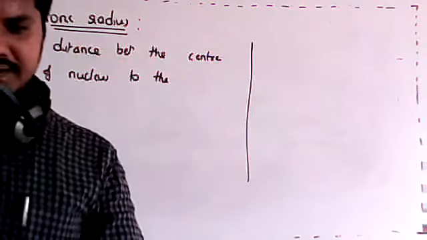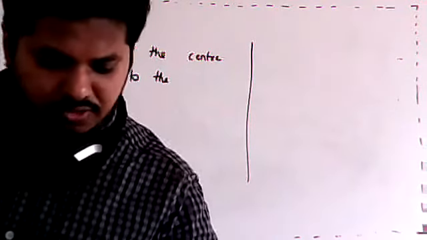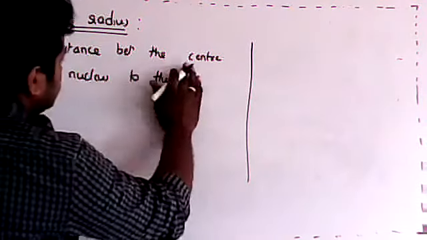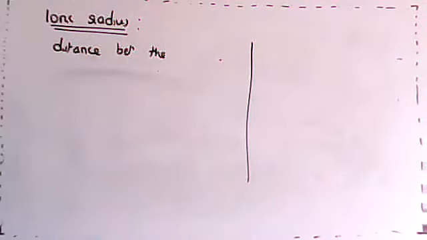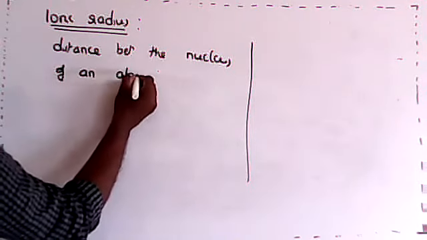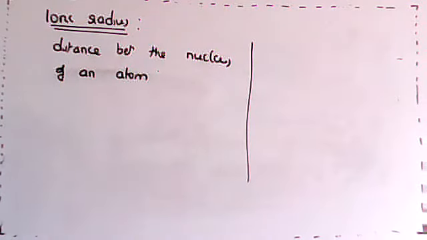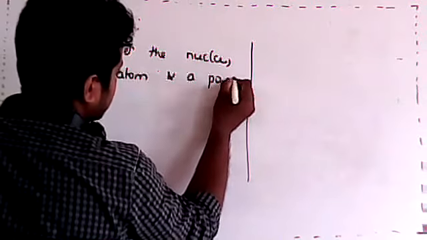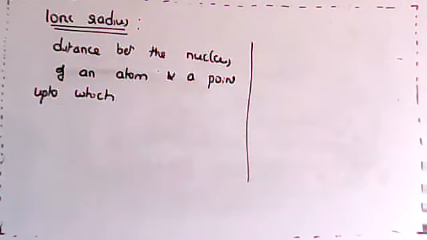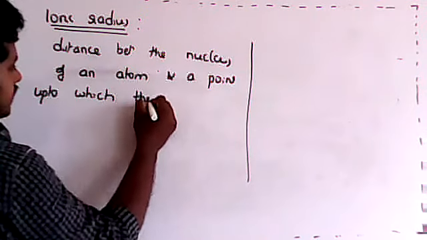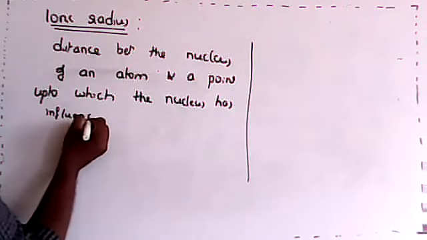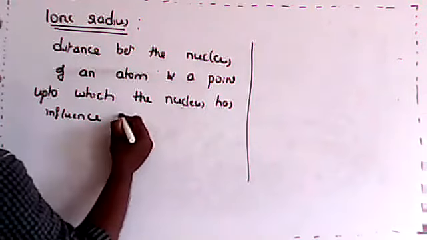I would say a better definition: it is the distance between the nucleus of an atom and a point up to which the nucleus has influence on its electron cloud.